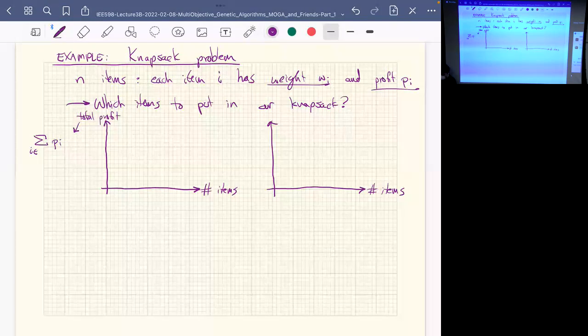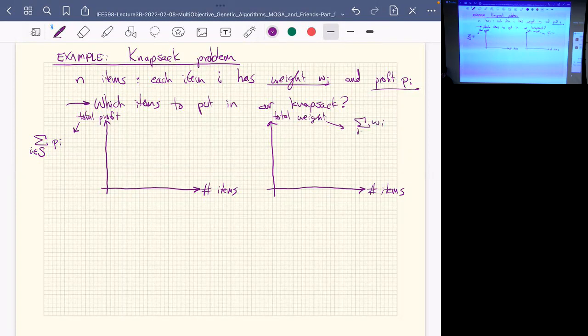I'll say all my items in the knapsack S. And then on the other axis, I can have total weight, which is just the sum of the weights for all of the items in my set.